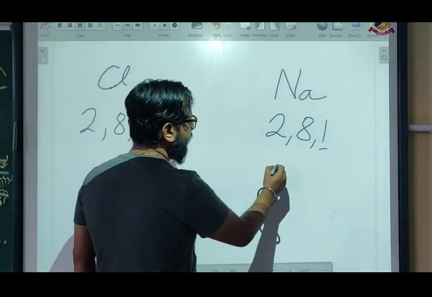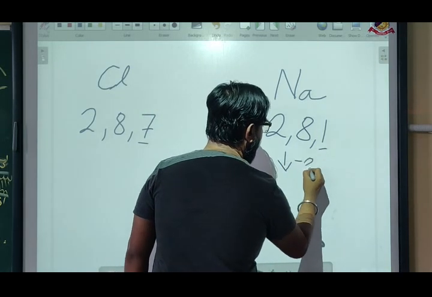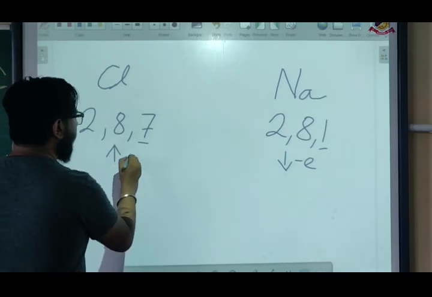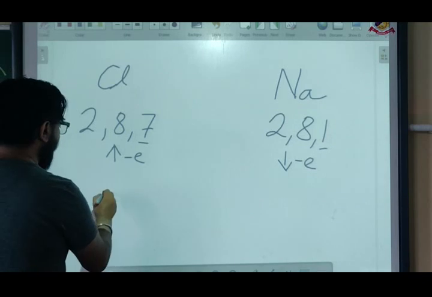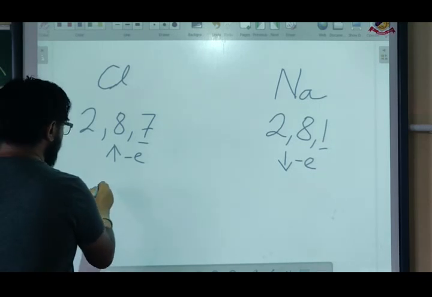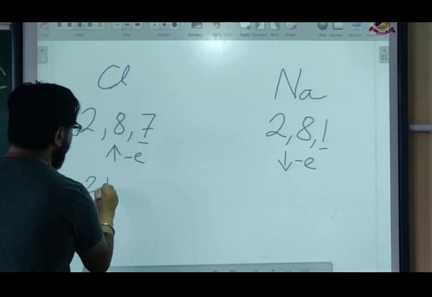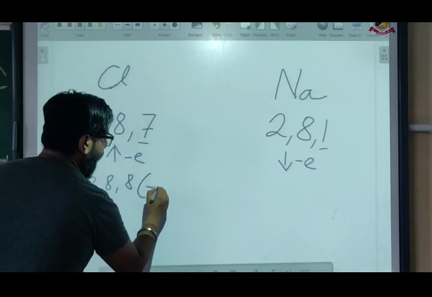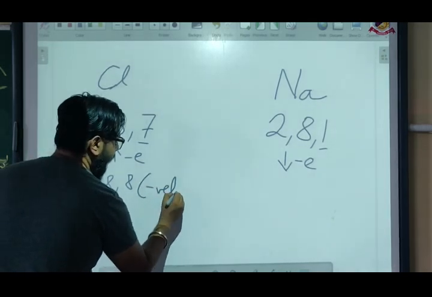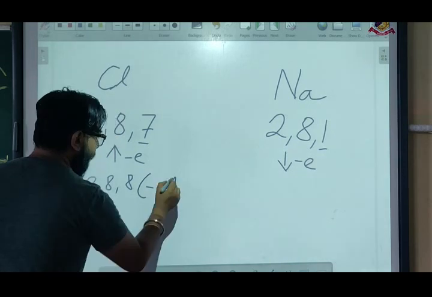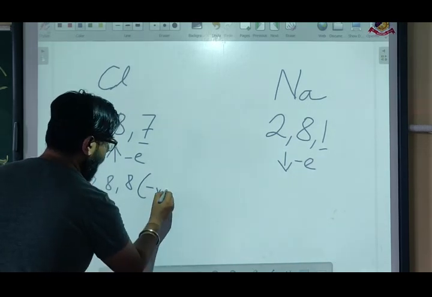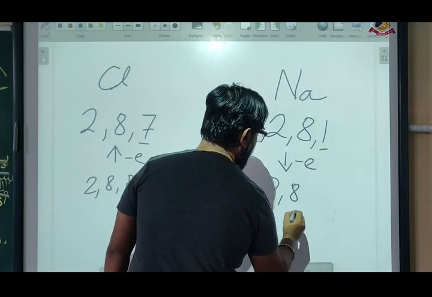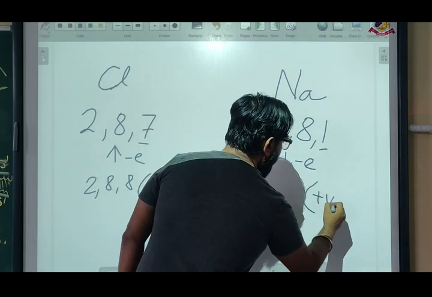So what it does is it gives an electron, and this guy takes an electron. This becomes 2, 8, 8 and becomes negatively charged. This becomes 2 and 8 and it becomes positively charged.